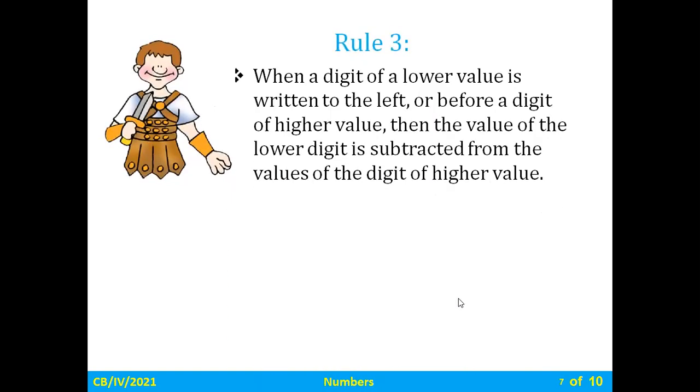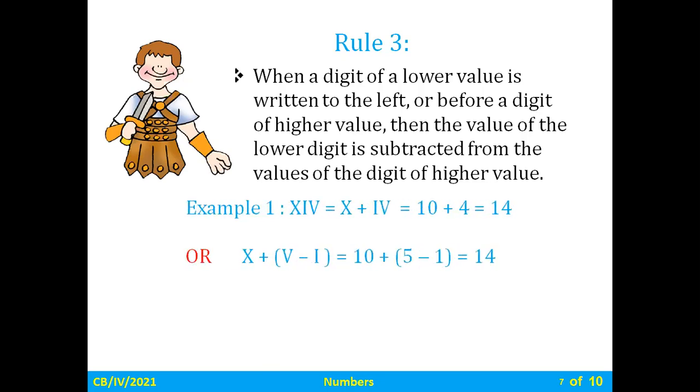It says when a digit of lower value is written to the left or before a digit of higher value, then the value of the lower digit is subtracted from the value of the digit of higher value. Oh, really complicated. An example will make it clear. This is example 1.